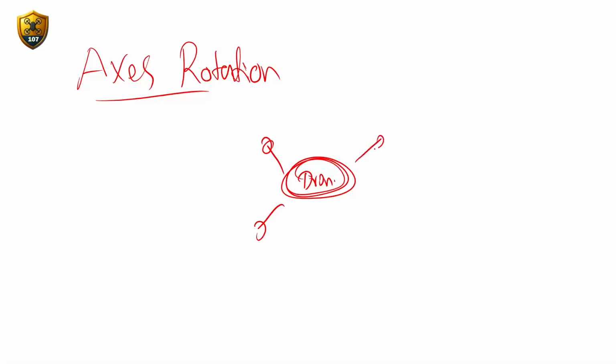Let's say that this is our Z axis. If the drone rotates around the Z axis, we call this the yaw. If it is rotating around the Z axis, we call this the yaw.